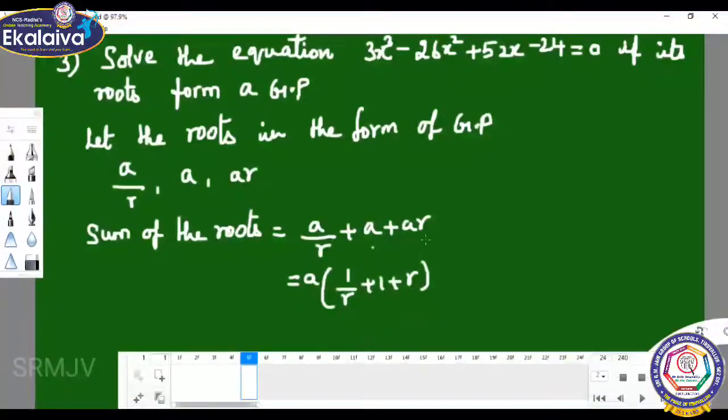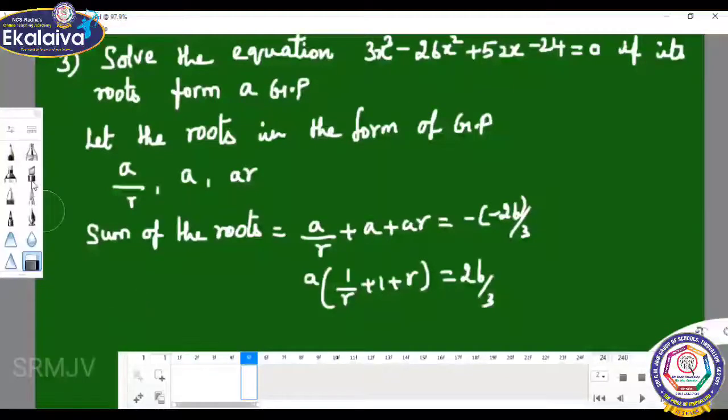Sum of the roots equals minus b by a, second term by first term, minus of minus 26 by 3, so it gives 26 by 3.